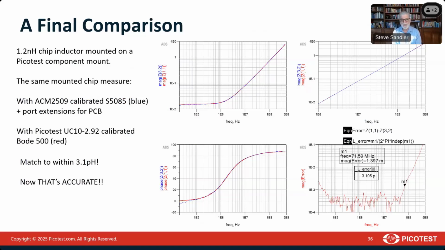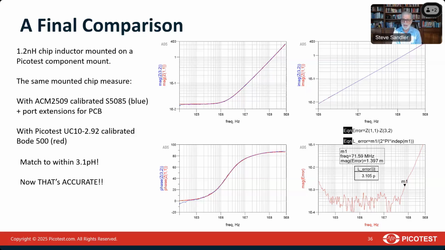So in the final comparison, we take the 1.2 nanohenry chip inductor and we mounted it on a Picotest component mount that matches our calibrator. And now you can see that we made the measurement using two devices, the S5085 using an ACM 2509 NIST traceable automatic calibrator, and automatic port extensions for the removal of the printed circuit board.